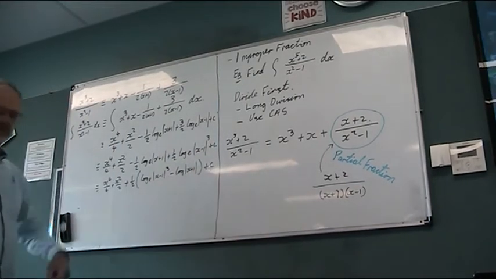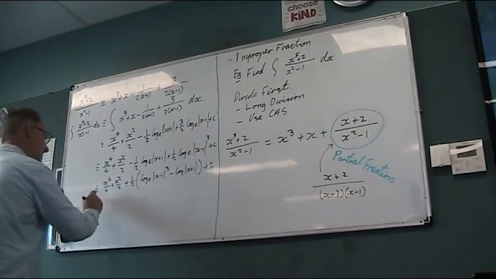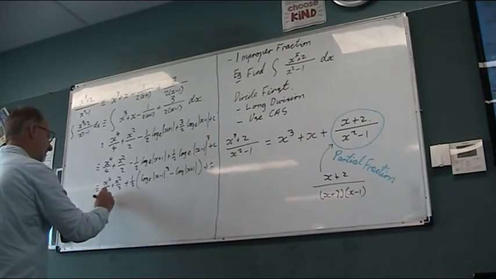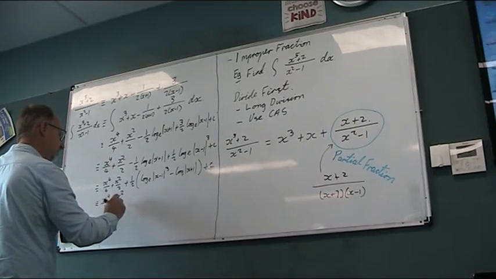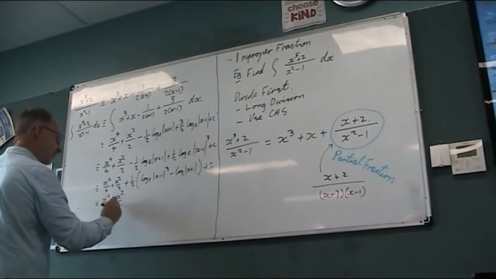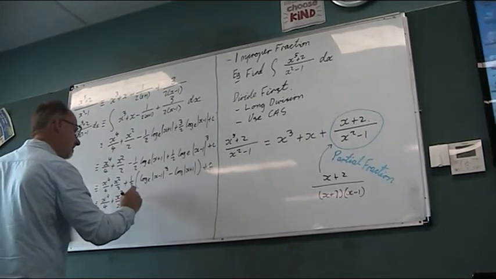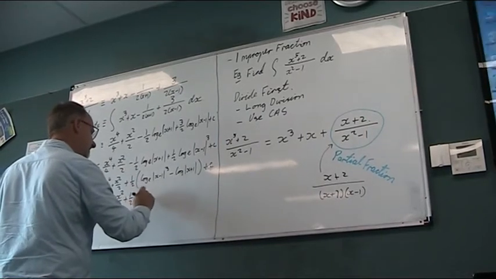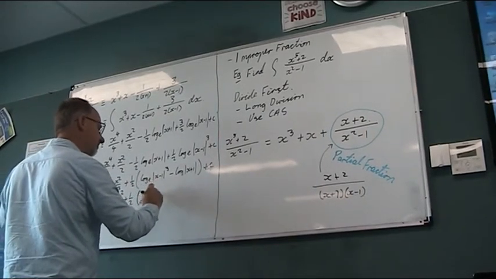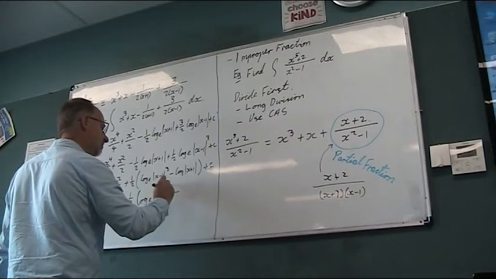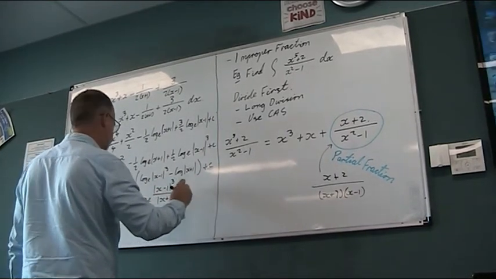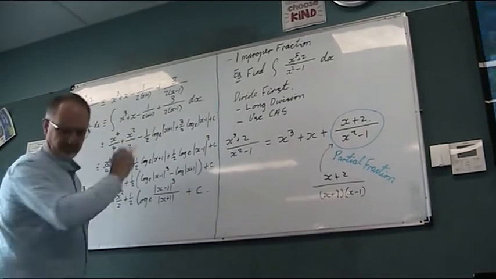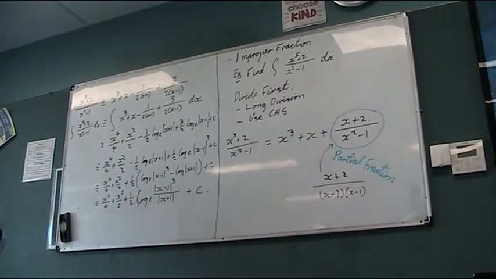And if I've got a minus, I can put them underneath each other, so final neatening up, well, whether it's neater or not, I'm not sure. But anyway, log to the base e of the magnitude of x minus 1 cubed over the magnitude of x plus 1, plus some constant.